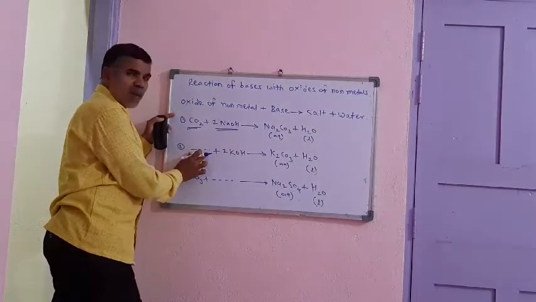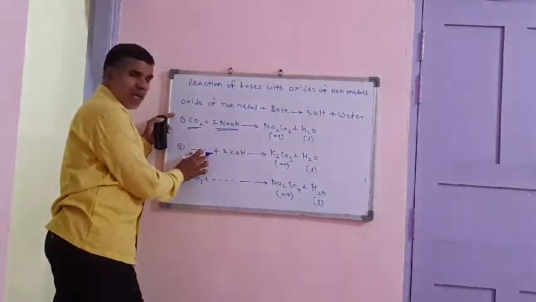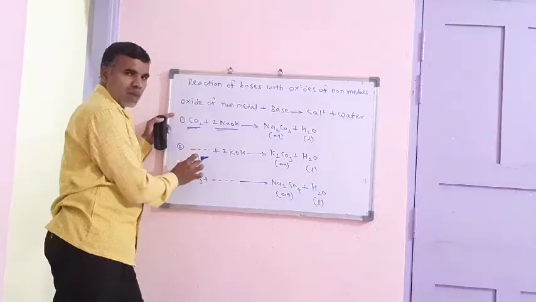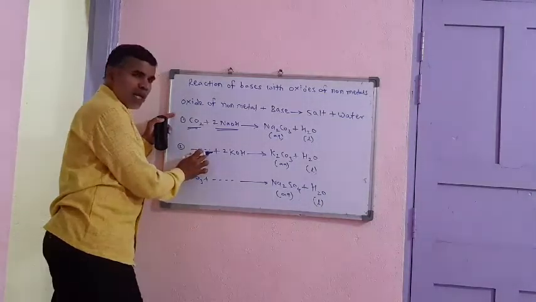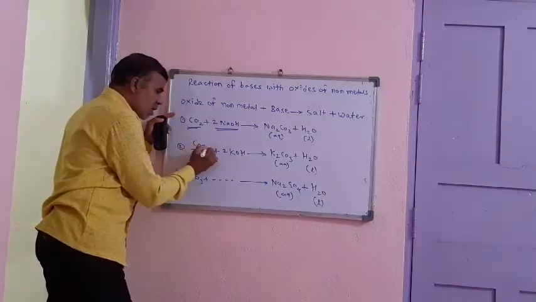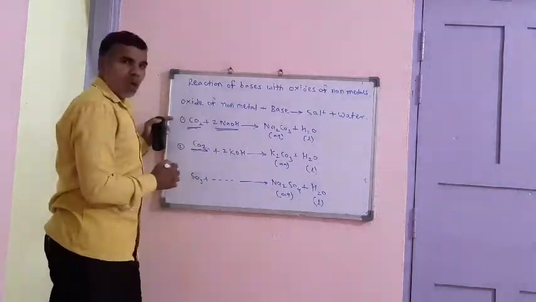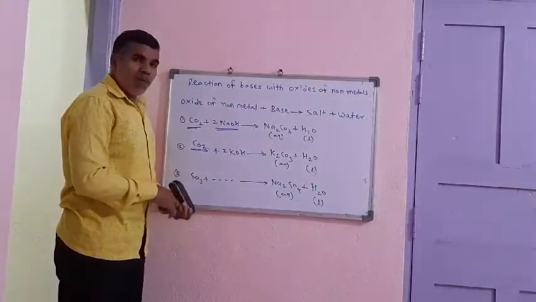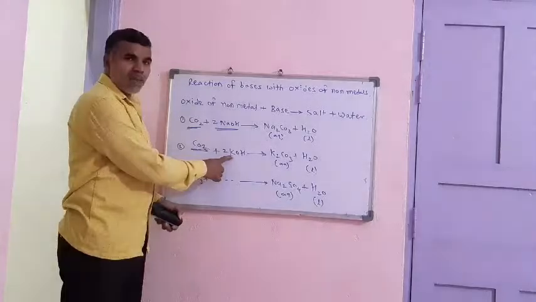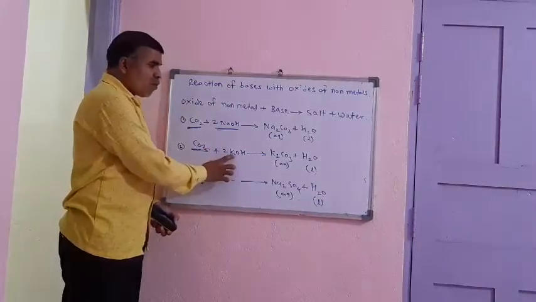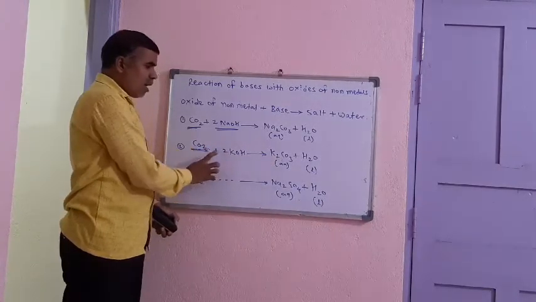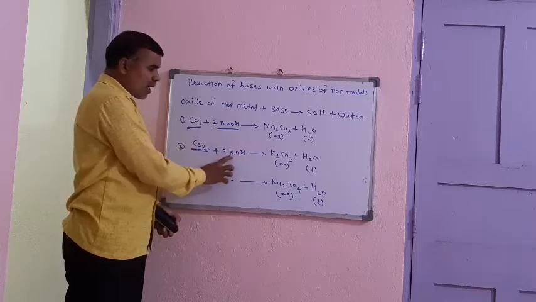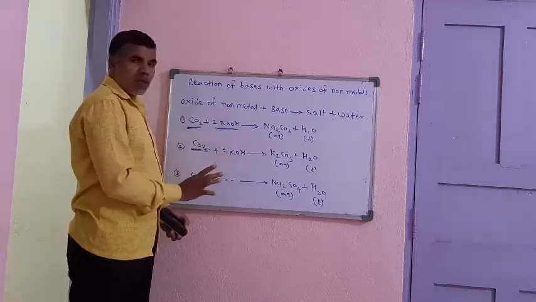In this blank we have to write carbon dioxide, a non-metal. Carbon dioxide reacted with the base potassium hydroxide, we get potassium carbonate, K2CO3, and water.